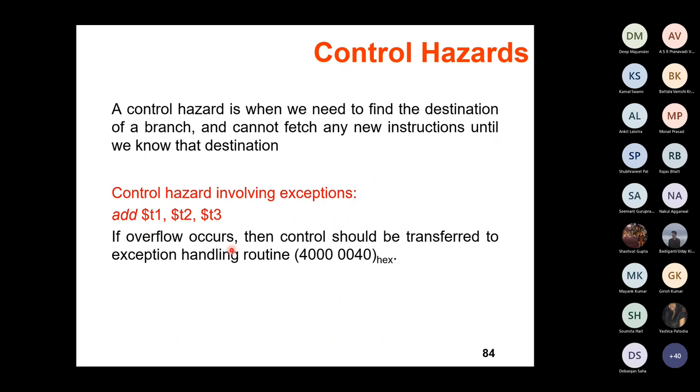In the case of overflow, sometimes an exception is invoked, and the control may be transferred to some exception handling routine. So this is also a kind of hazard, because the next instruction already enters the pipeline, and instead of executing that, you have to execute the exception handling routine. So this is another possible cause of control hazard.